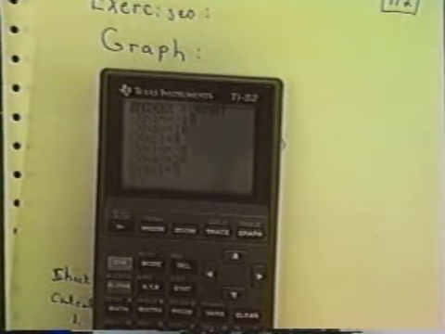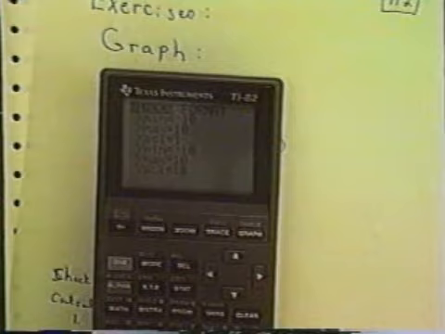I'm going to leave the x scale to be 1. The y minimum, I'm going to put at negative 10. The y max, I'm going to put at positive 10. And the y scale, I'm going to put at 1. So that's exactly the same as the grid that I showed you. So the second thing you do is to set your window.